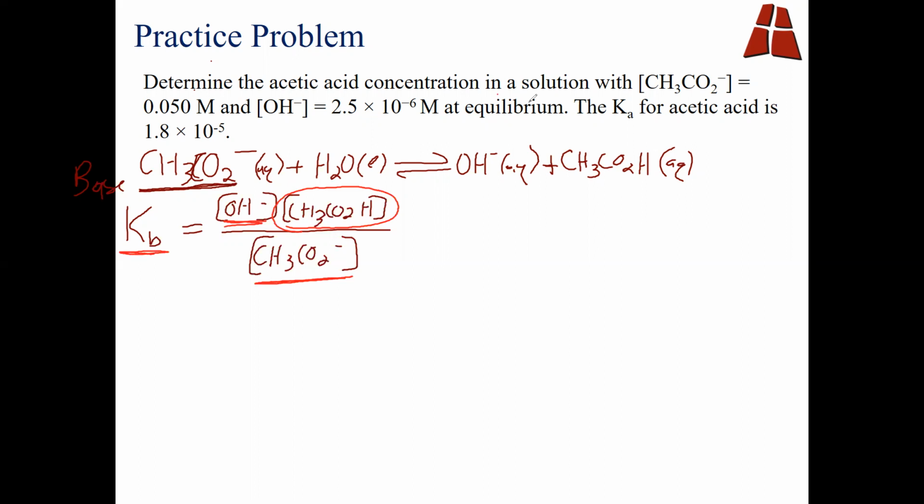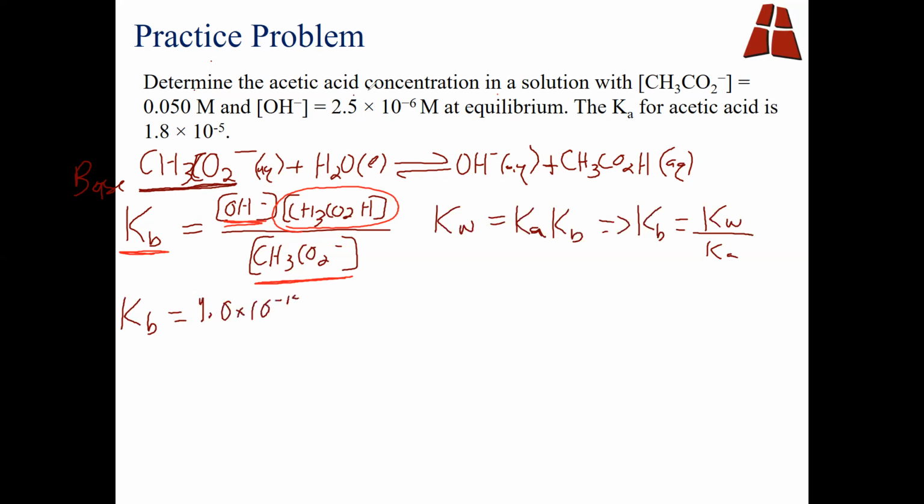And so we can use an equation that we talked about before break, or I will remind you, we can use our Kw relationship. So Kw equal to Ka times Kb. And so in this case, in order to determine Kb, Kb is equal to Kw divided by Ka, right? And so if we plug in those values, Kb is equal to 1.0 times 10 to the minus 14.